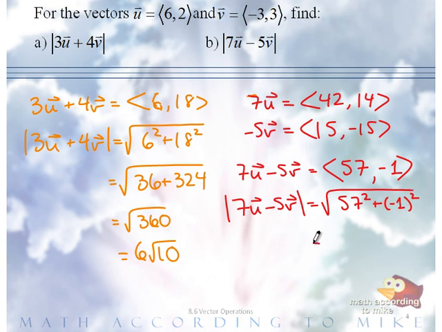All right, I'll do the hard one. What's 57 squared? 2,500 plus 49 plus 700, 114.